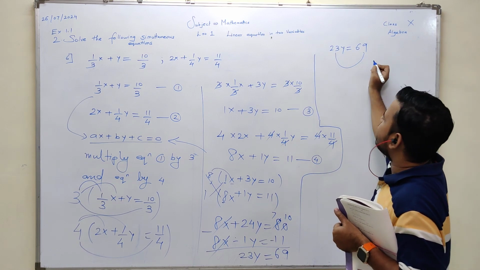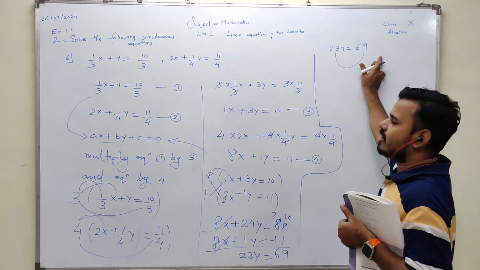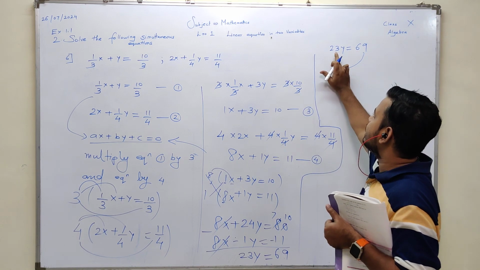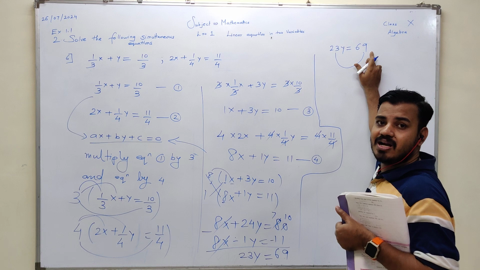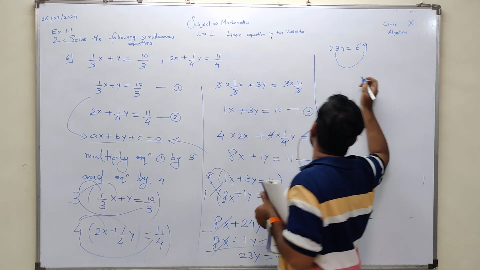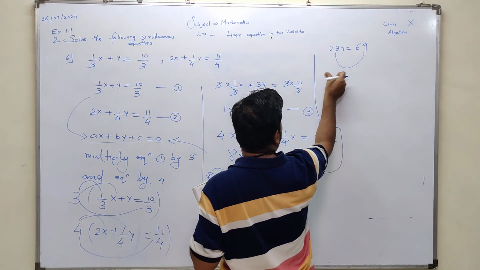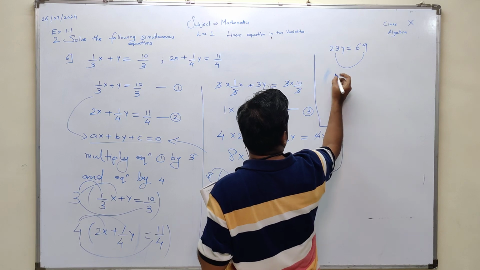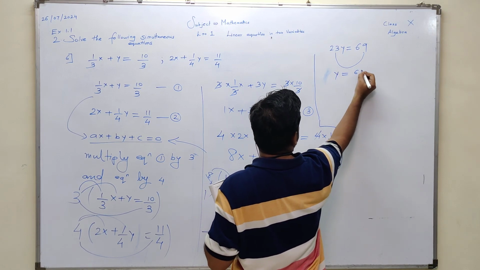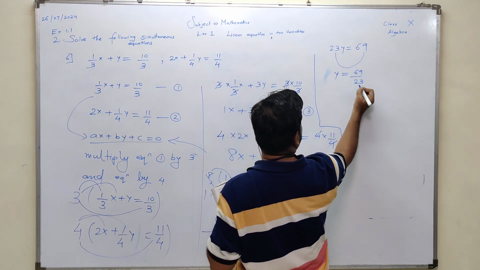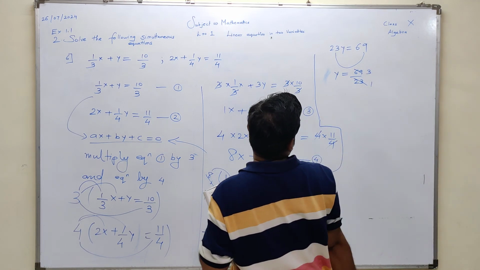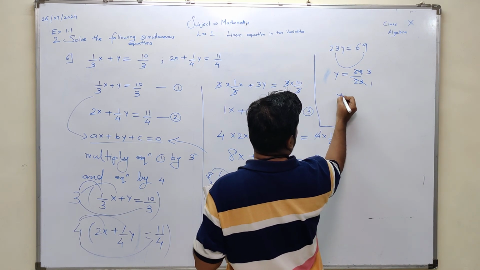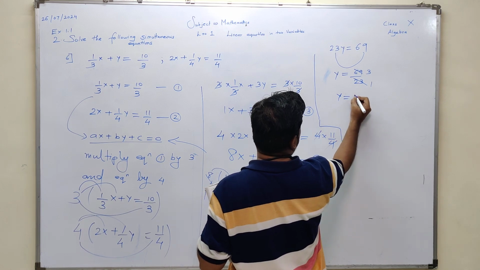Now you have to transpose this 23 to the RHS. Here it is in multiplication. On going to the right hand side, it will go in division. So this will become y is equal to 69 upon 23. 23 ones are 23, 23 threes are 69. So we got the value of y equal to 3.